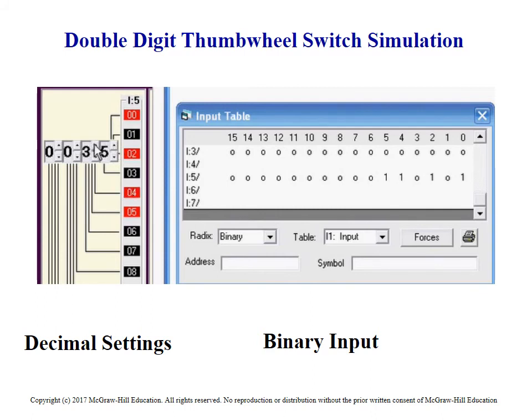So here we've got a double-digit thumb wheel switch simulation. They're doing the same thing, only adding another digit to it. So you can see here, you can follow the binary sequencing as fast as they're flipping through it. It's kind of fast though.